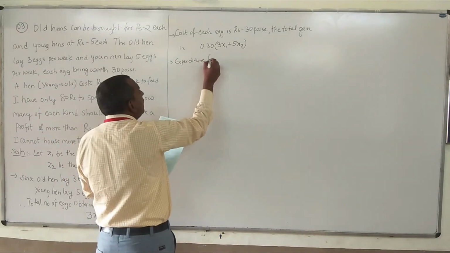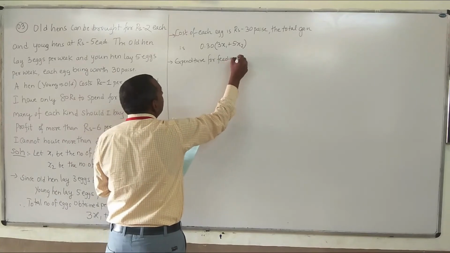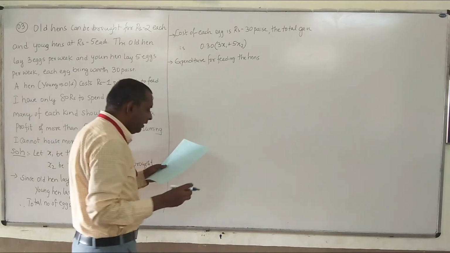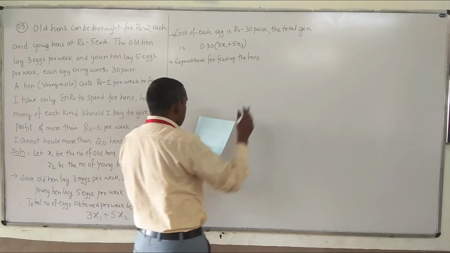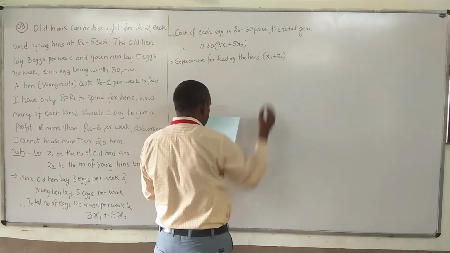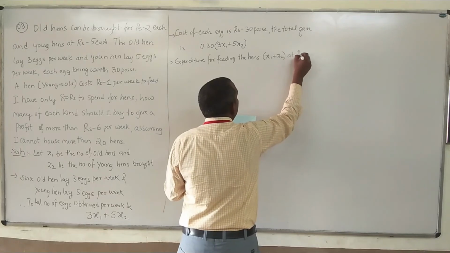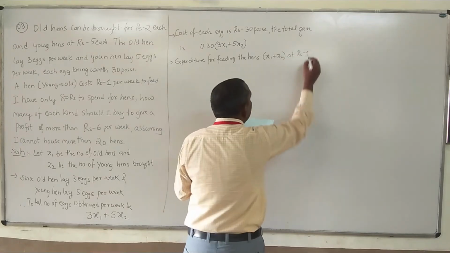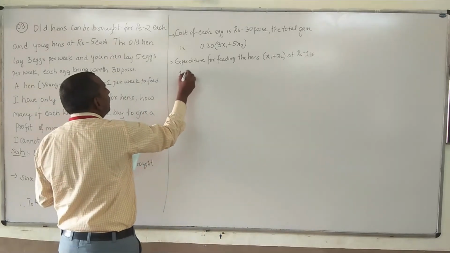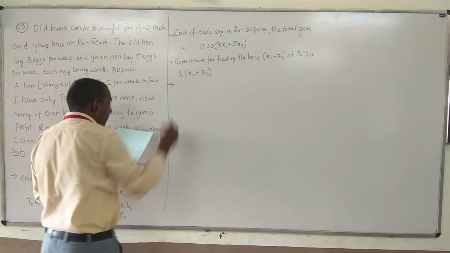Expenditure for feeding the hens: feeding the hens, that is x1 plus x2 at rupee 1, is 1 into (x1 plus x2).